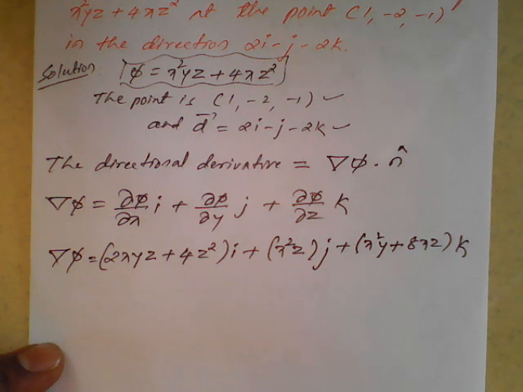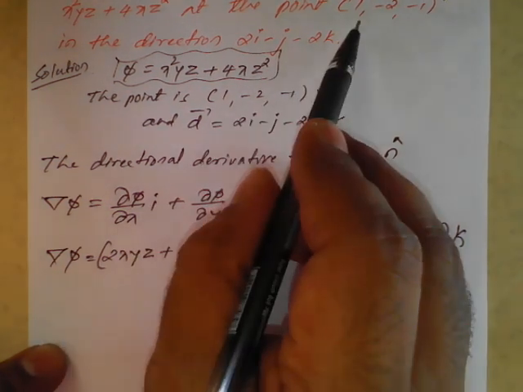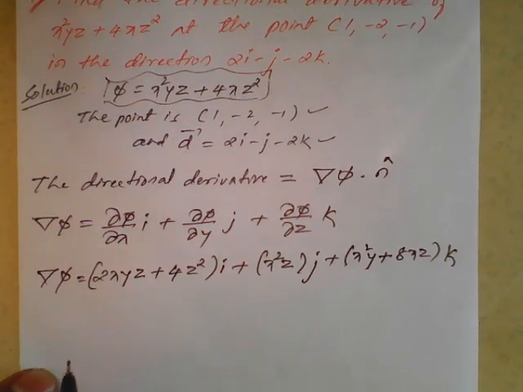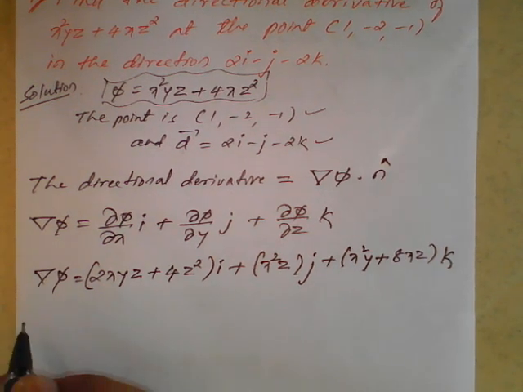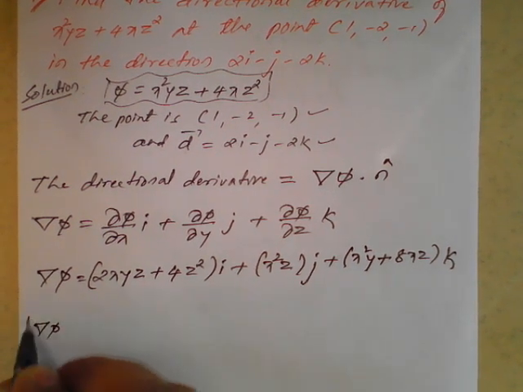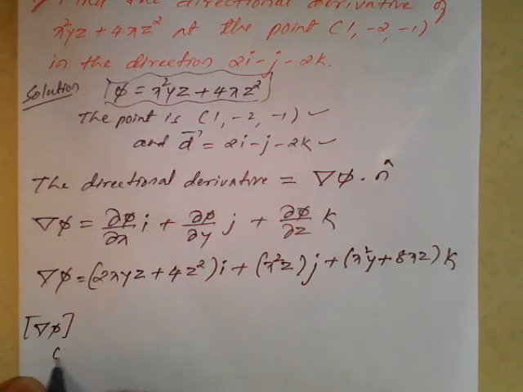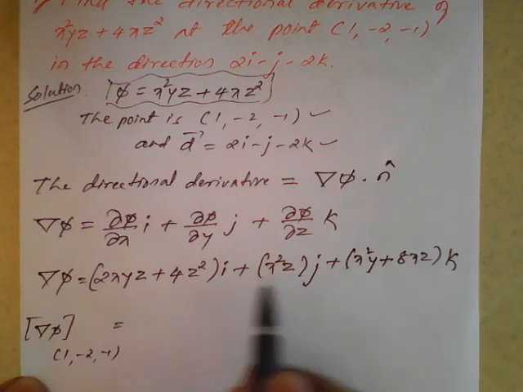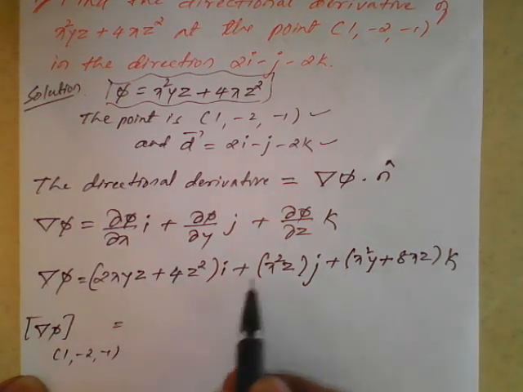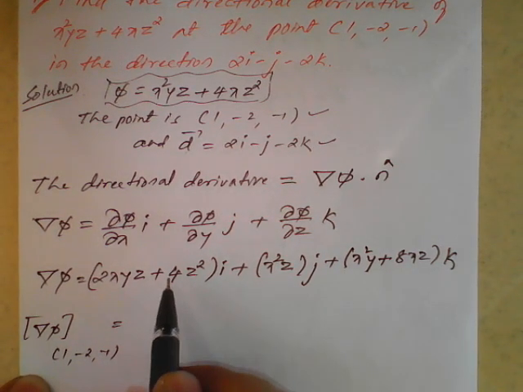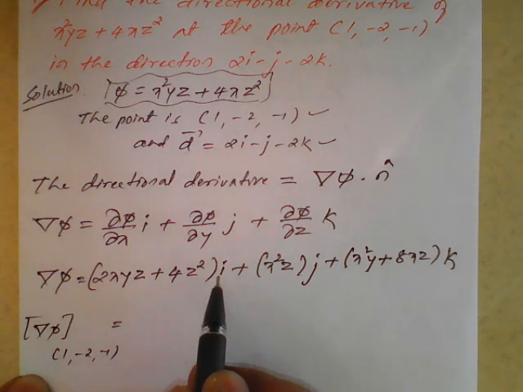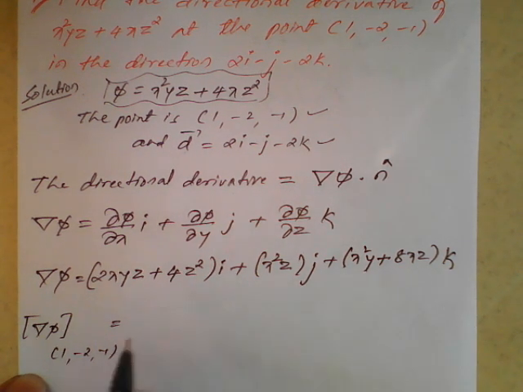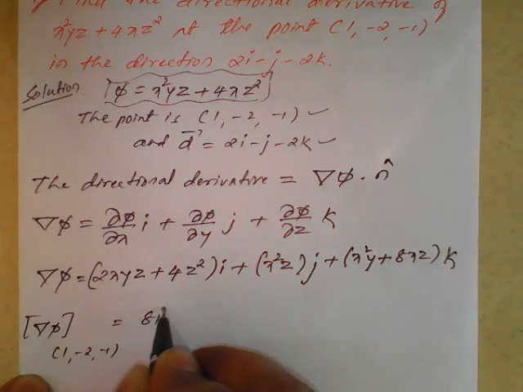This del phi we have to evaluate at the given point. What point have they given? The point is 1, minus 2 and minus 1. If you substitute this point into del phi, the coefficient of i will become 8i.